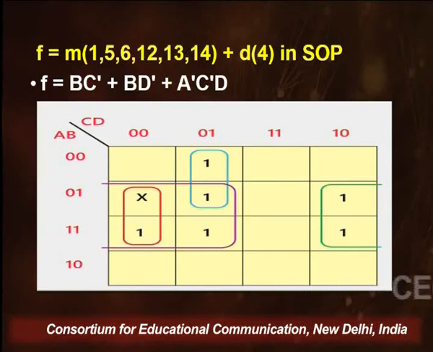However, I could not do so in the cell of AB01 and CD00. So what we do here is we put a cross, the don't care condition, and we make a bigger group of 4 cells, and that is how the simplified version would be able to give me a final answer.